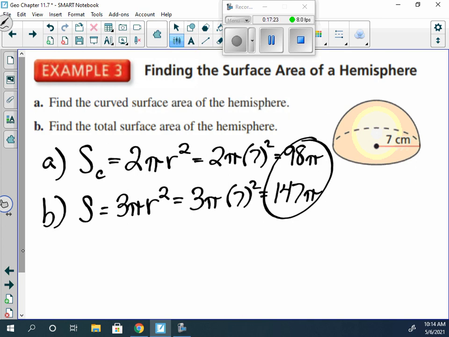But if it does, this is really all we have to do. The curved part is going to be 2 pi r squared. It's cut in half. But since we cut it in half, we added a face, so we have to take its surface area. Questions on this here?